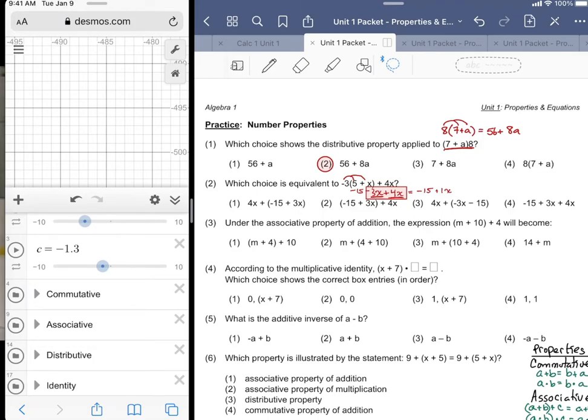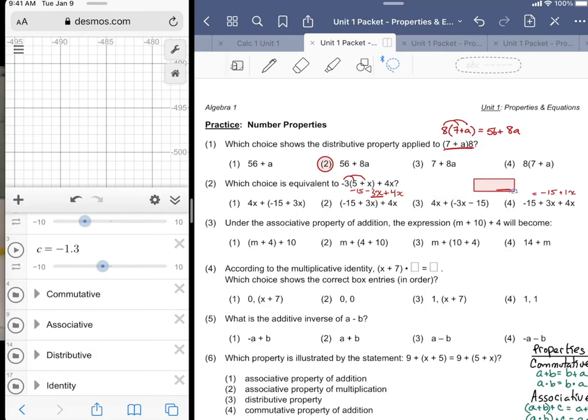Now, so that's what my instincts told me to do, but now I'm looking at what I see here in terms of choices. Well, I would love it if there was a negative 15 plus 1x, but there isn't. All right, so they must be after something else. So taking into account that the distributive property is something that should be applied, we can go back a step. All right, so I'll hang on to this because this is good to know.